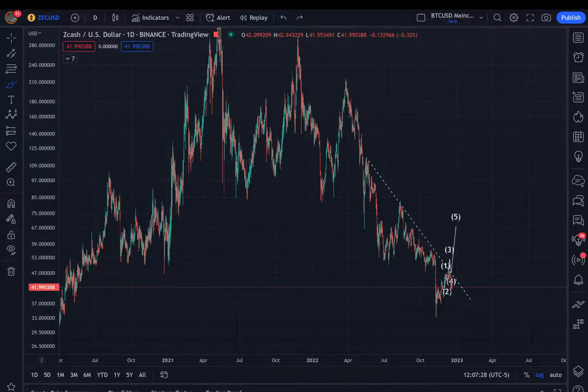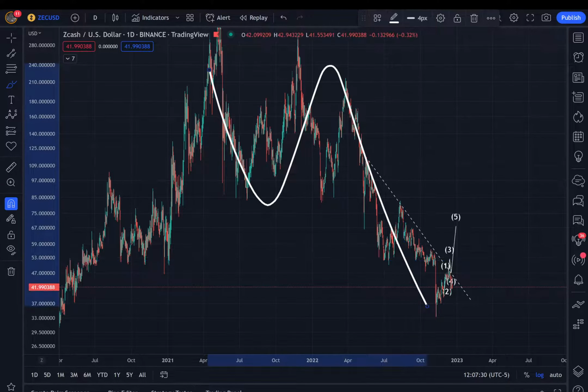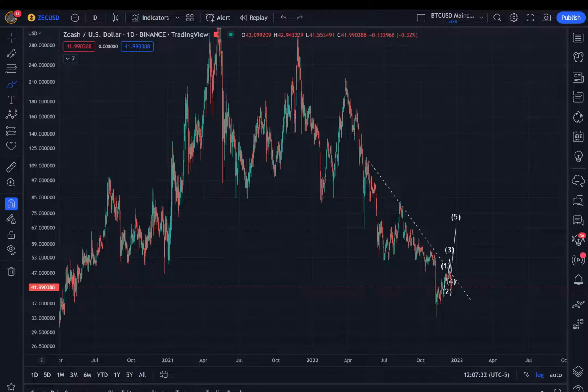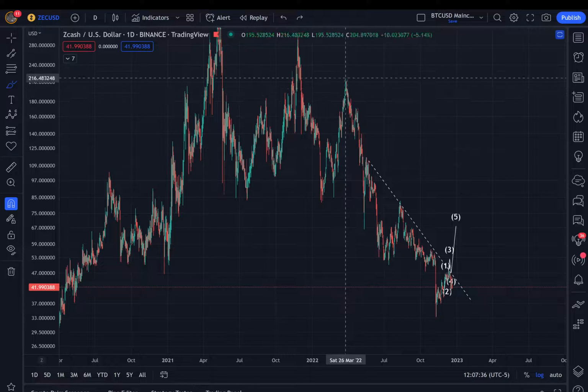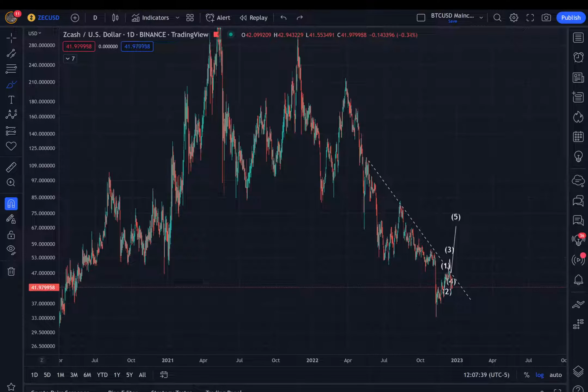So it's a 3-wave move, right? 1, 2, 3, and every corrective move ends in impulse. So you should be able to count 5 waves down here. Either 5 waves down or a combination thereof. And I'll tell you why I'm saying that in a second.